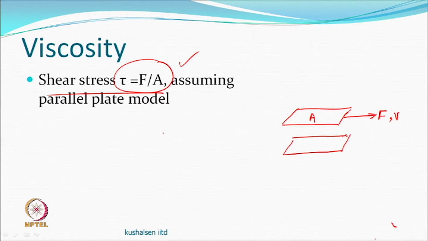And if you say shear rate, if you define it like this, then it may be the velocity with which it is moving, and because it is going to be shearing, this plate will move somewhere there.